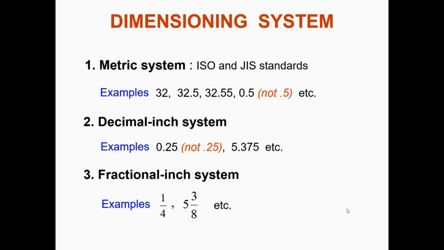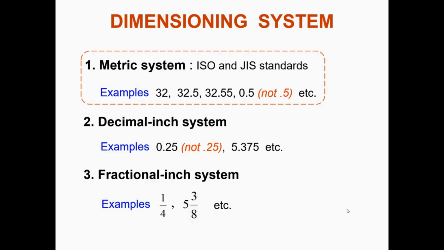Examples, you can see on your screen. Then we have the third one, which is the fractional inch system. In this lesson and in our AutoCAD class, we'll be using the metric system quite often. Anytime I mention the metric system, I'm basically referring to the ISO standard as well as the JIS standard, but we'll be using the ISO for this AutoCAD class.